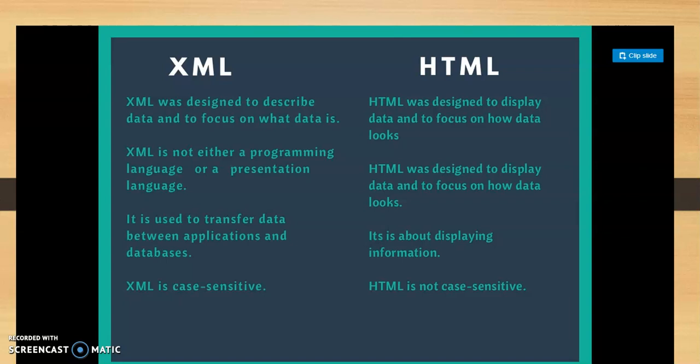Coming to the next point, XML is neither a programming language nor a presentation language. But HTML was designed to display the data and to focus on how data looks. XML is used to transfer the data between applications and databases, and HTML is all about displaying the information. XML is a case-sensitive language and HTML is not case-sensitive.